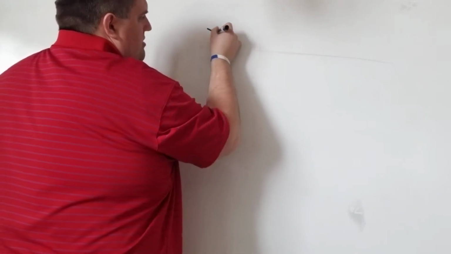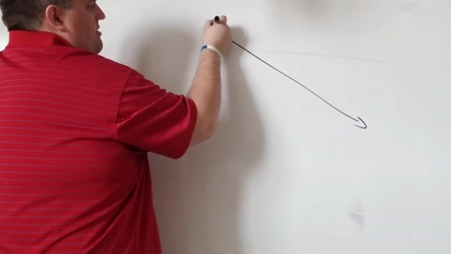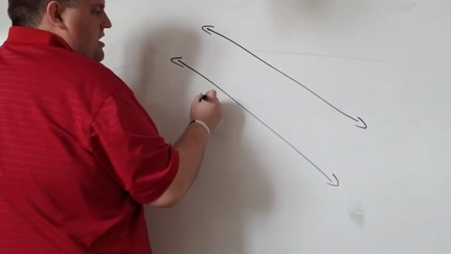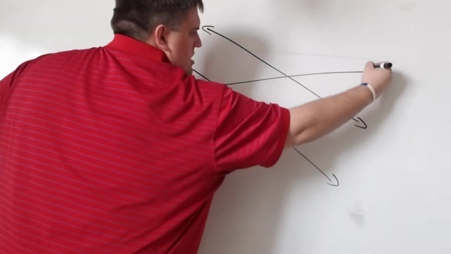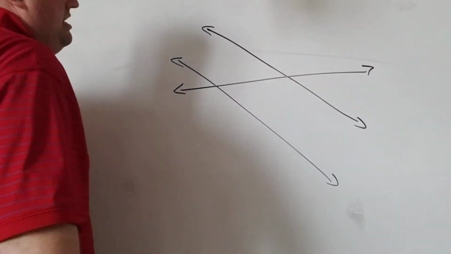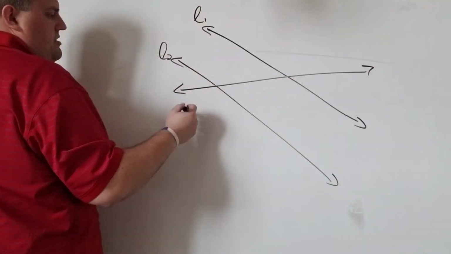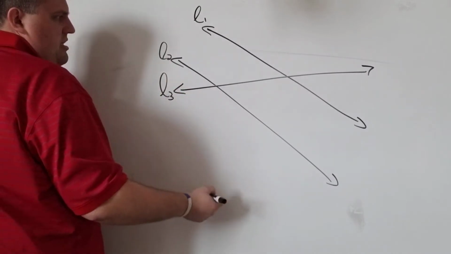Hey y'all, yesterday we talked about some new vocab words with some parallel lines, right? So we had some lines, maybe they look something like, well, hopefully straighter than that, like this. And we said we have line 1, line 2, line 3.